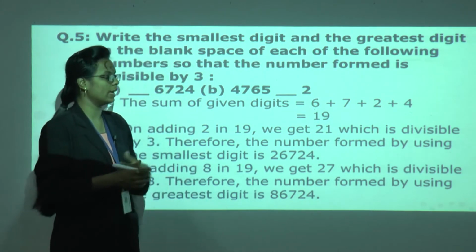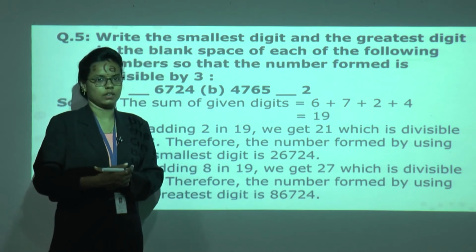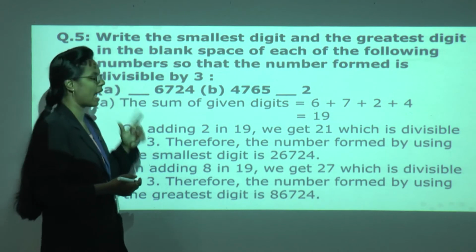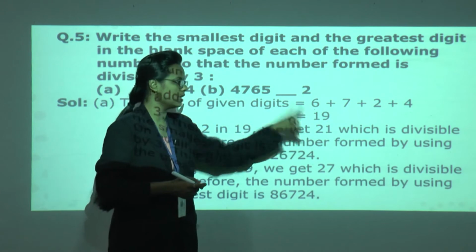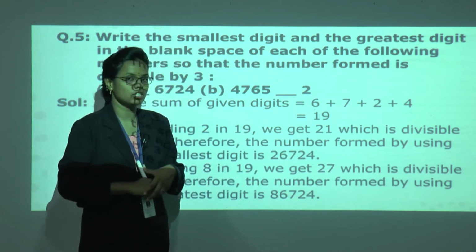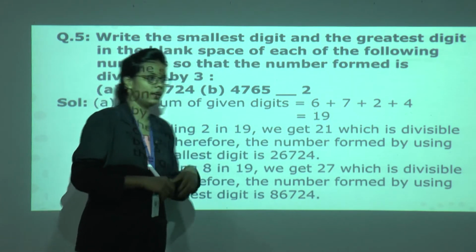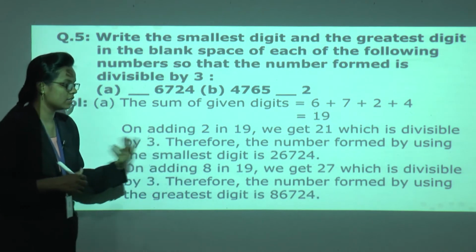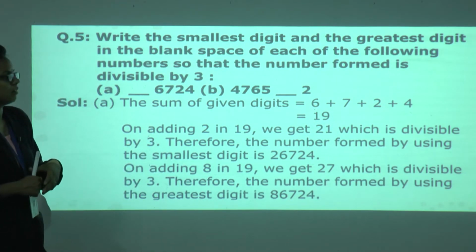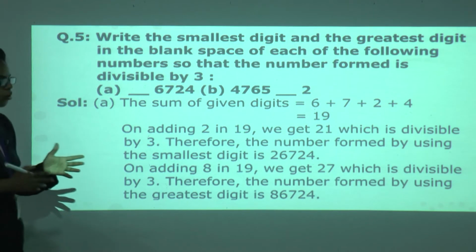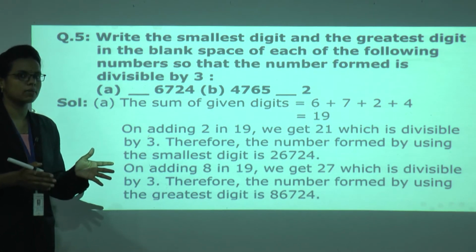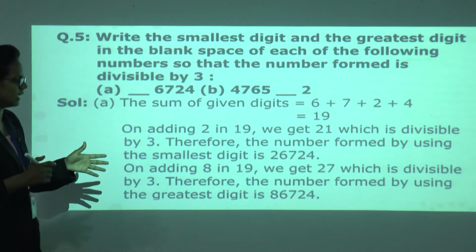Now we are going to find out the greatest digit which can be kept in this blank space. As we have found, the sum is 19. So what is the greatest digit so that the sum is divisible by 3? First of all, the greatest one-digit number is 9.